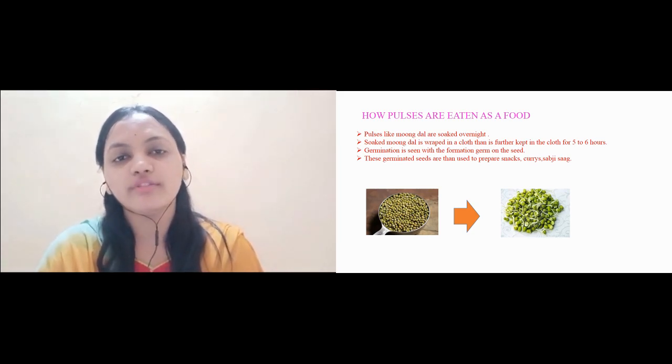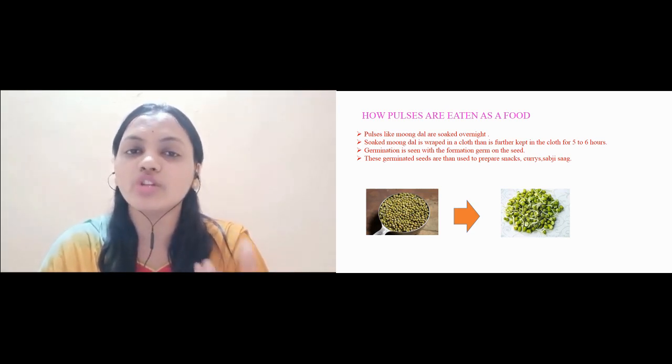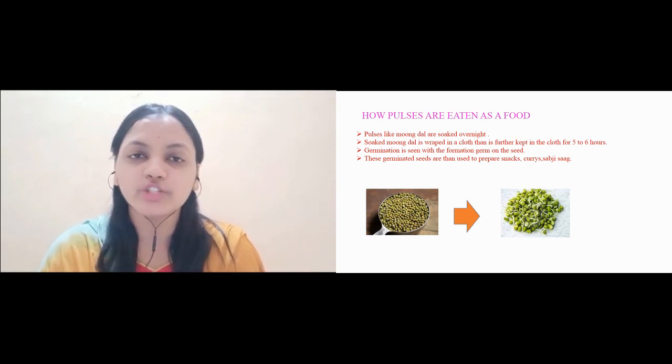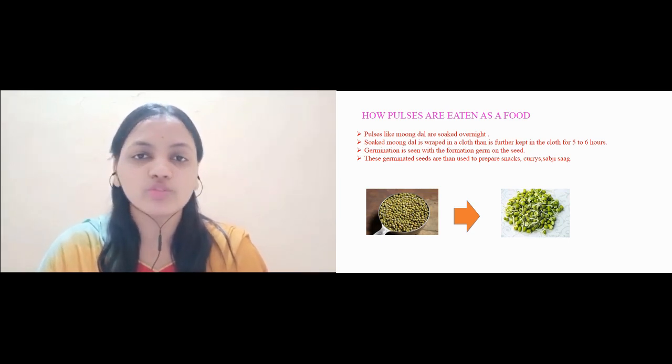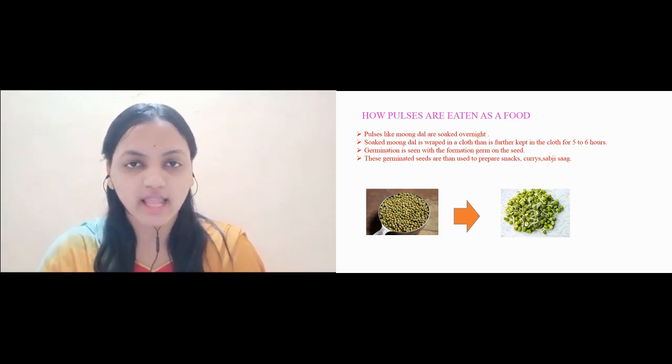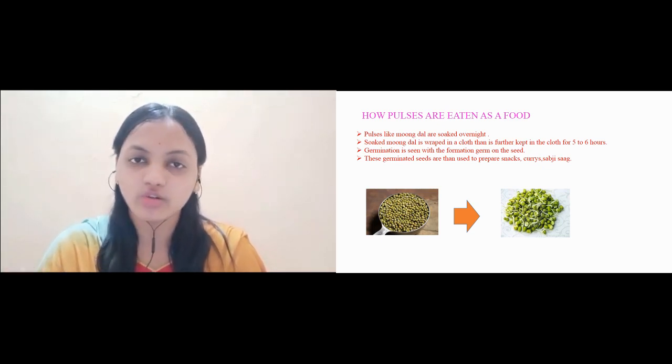In this way, we convert dry moong seeds into germinated seeds, and we can prepare different dishes with these sprouted moong. Some can simply roast it on a tawa and eat it as a snack. Some can also cook a curry or sabzi out of it.